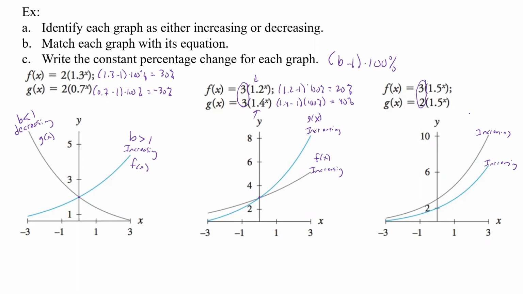And so now what we have to do is figure out which is which. So one goes through 0.3, that's this one. So this is f of x, so that means that one is g of x. And for both of them, doesn't matter which one, 1.5 minus 1 times 100%, that's going to be 50%, okay? And so that's going to be our constant percent change for both of those. So that's going to be the same percent change for both, okay?